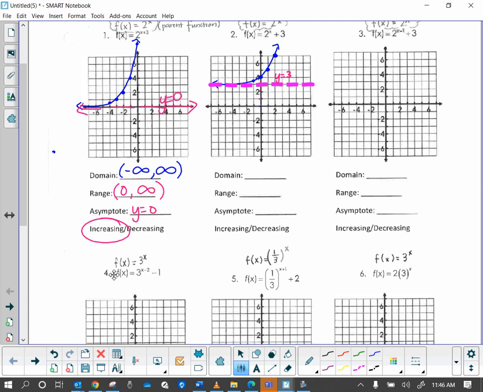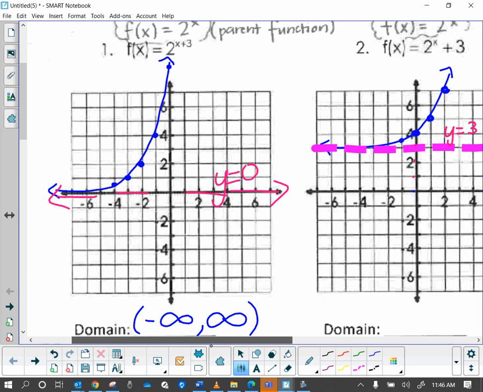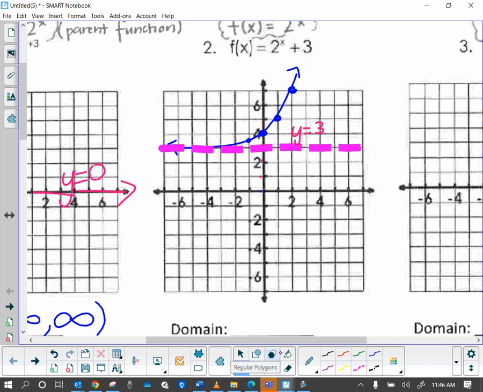Let's zoom in so you can see it better. This is 0, 1, 2. That y value is 3.